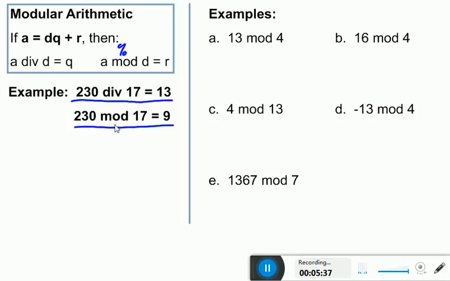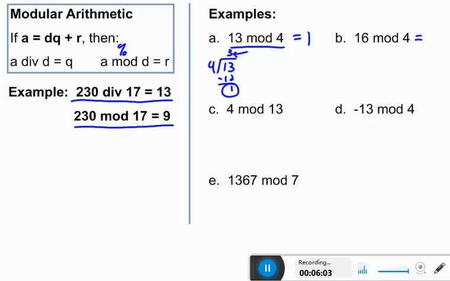So let's look at the first example here, 13 mod 4. Well, 4 goes into 13 3 times, right, with a remainder of 1. So that means that 13 mod 4 is 1. Now if I did 13 div 4, that would be the 3 here that I got as the quotient. Now something like 16 mod 4, what happens if I divide 16 by 4?